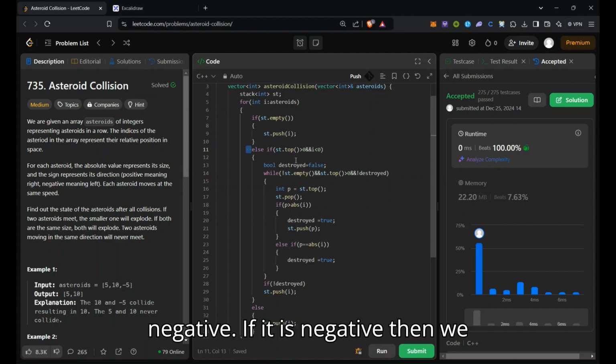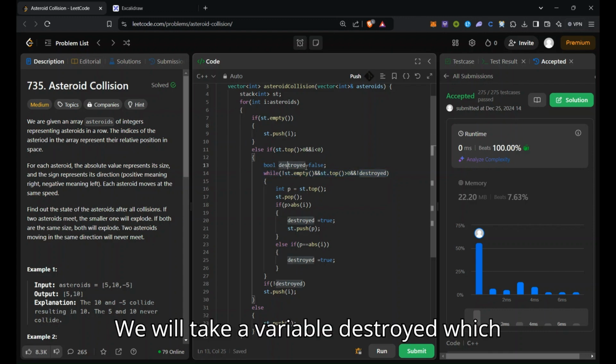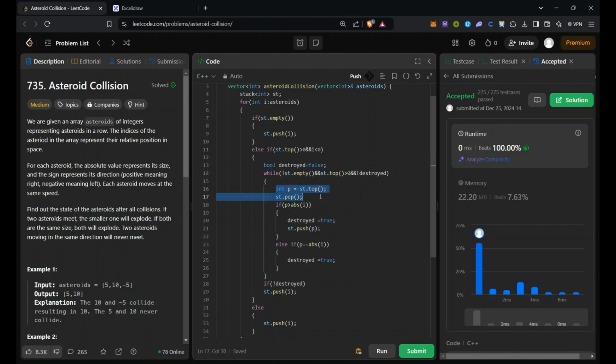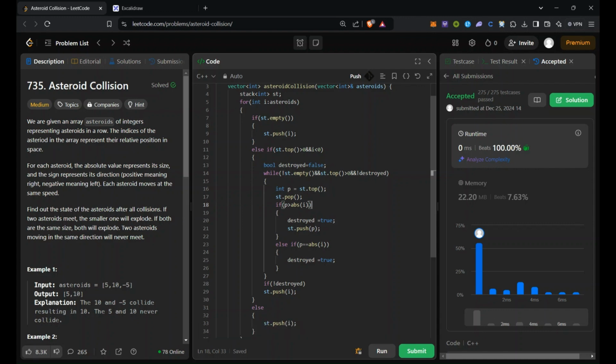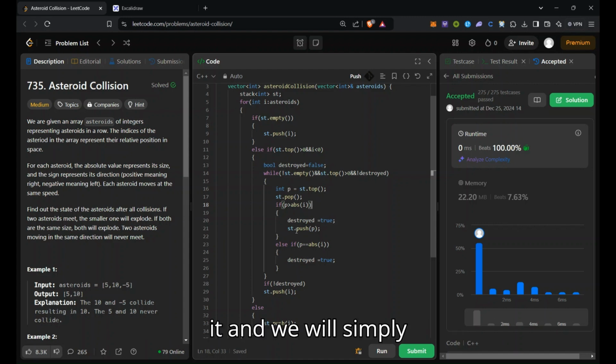If it is negative, we take a variable destroyed, which tells us whether our current asteroid is destroyed or not. If the top's size is greater than our current asteroid, we destroy the current one and simply push p. Otherwise we push I.